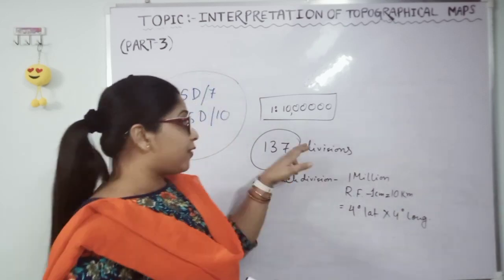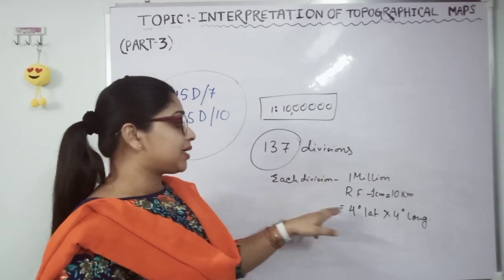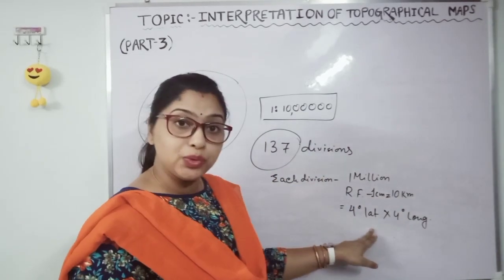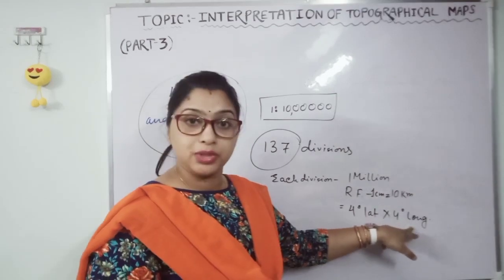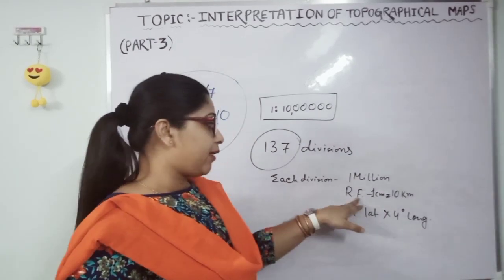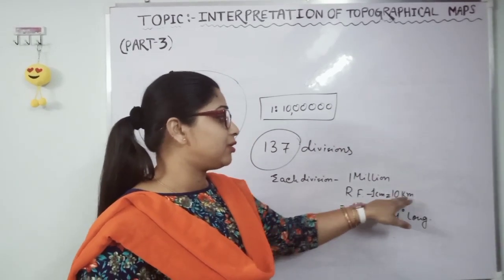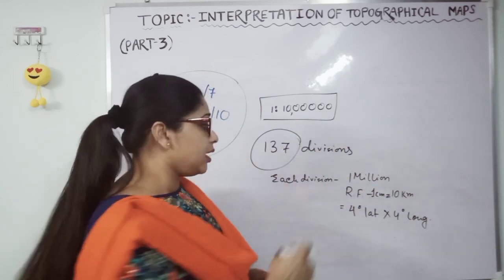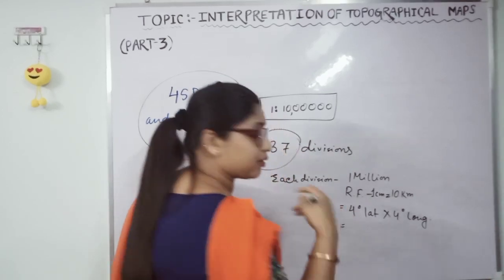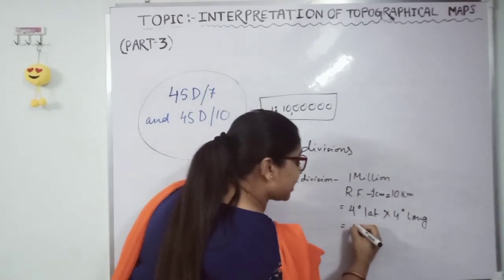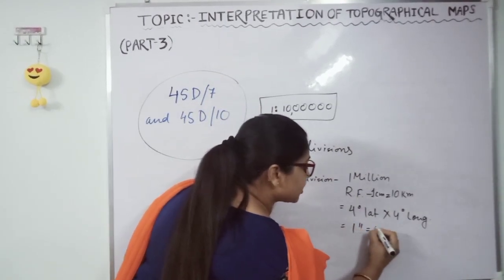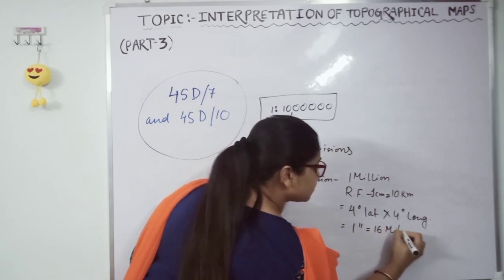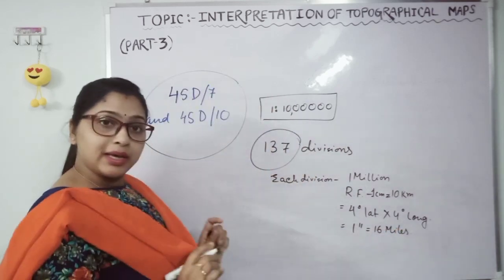But when they first made this million map, they took a 4 degree latitude and 4 degree longitude area, following RF 1:10 lakh, 1 centimeter equals 10 kilometers. To measure the area, they took the scale 1 inch equals 16 miles. Is it clear?